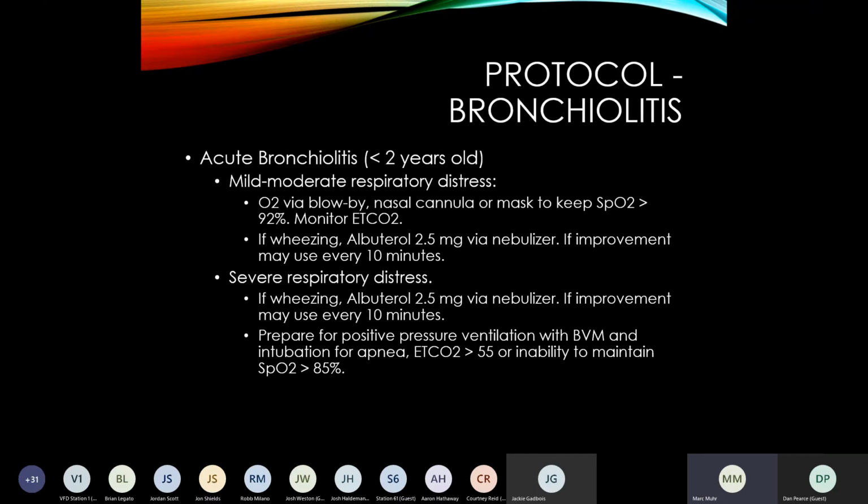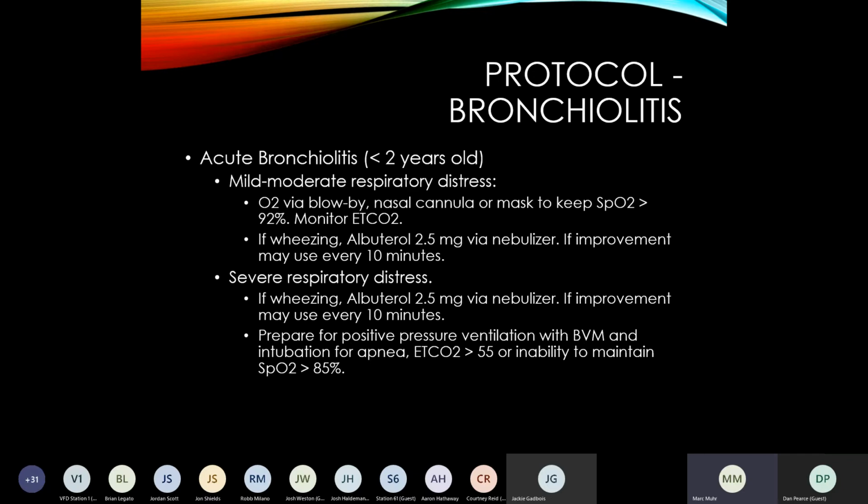Acute bronchiolitis in less than a 2-year-old, its treatment. If they have mild to moderate respiratory distress, blow-by O2 if they can't tolerate a mask or a nasal cannula. You want to keep their SpO2 greater than 92% as you can, and then monitor the end tidal CO2. Wheezes, use wheeze medicine via nebulizer.